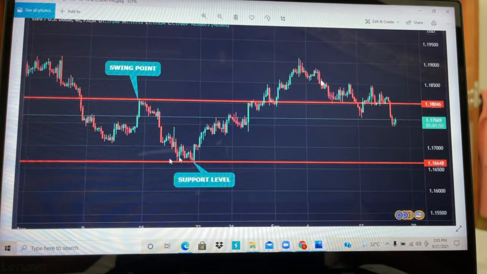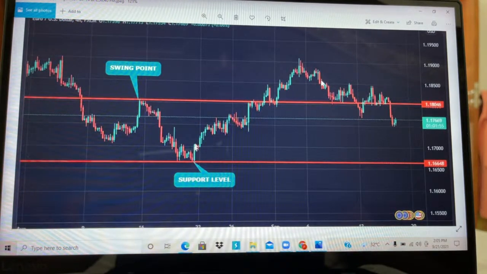With the support, we have the bullish engulfing, small red, large green, and after this bullish engulfing, most naturally, you would have opened up your buy position.